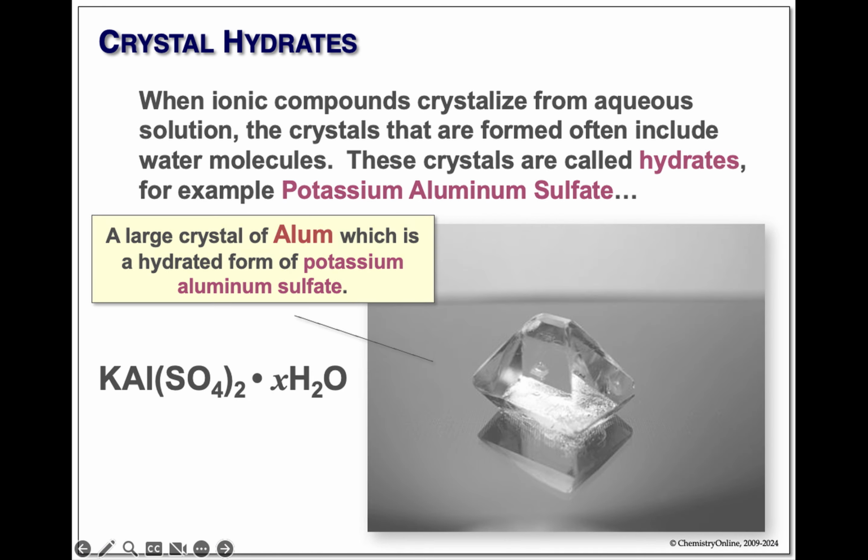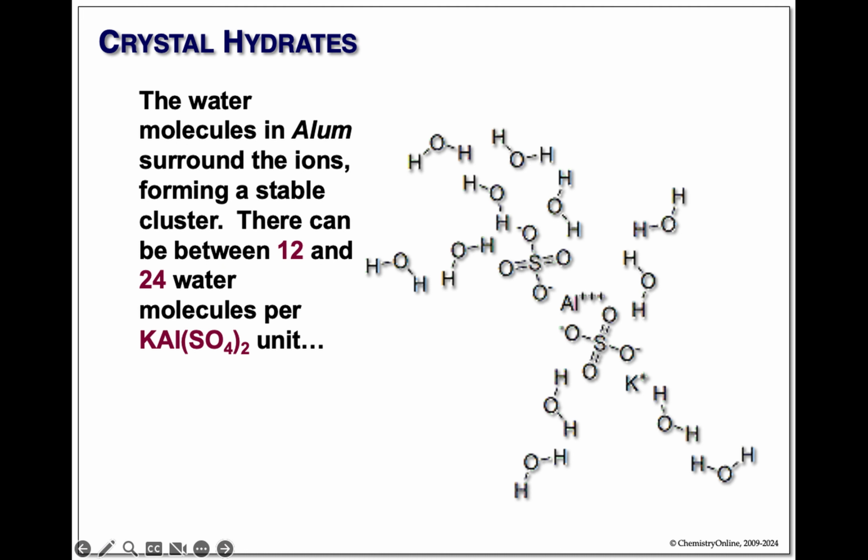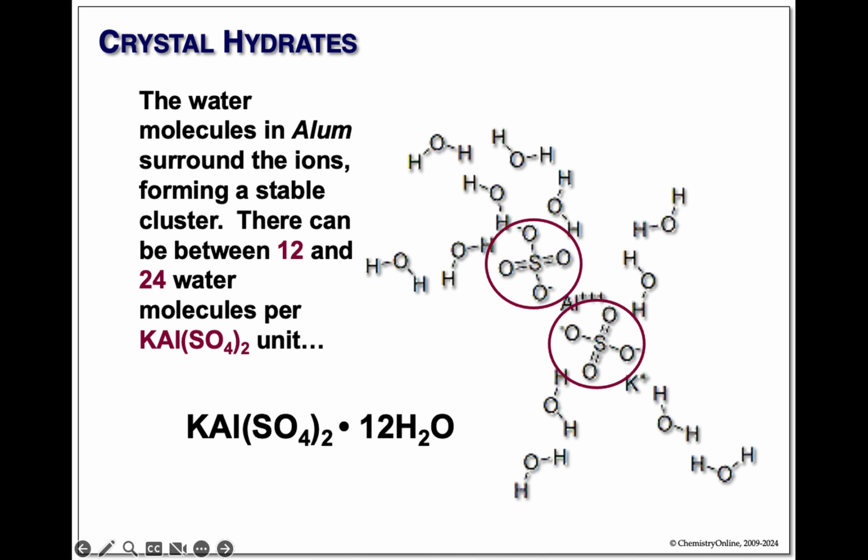Water of hydration looks something like this. This is for the one with 12 waters. There's our potassium, there's our aluminum, here's our 2 sulfates, and we have 12 waters around them. Depending upon how many waters, you get a slightly different crystal shape.